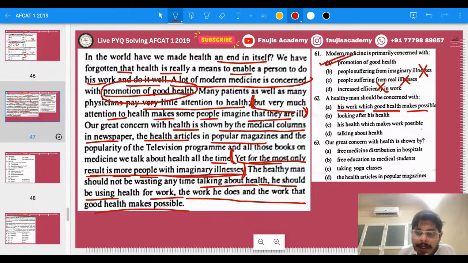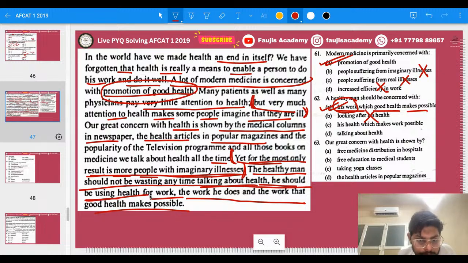62. Looking after his health, no, his health which makes work possible. He should in fact look after his work. Yet the healthy man should not be wasting any time talking about health.